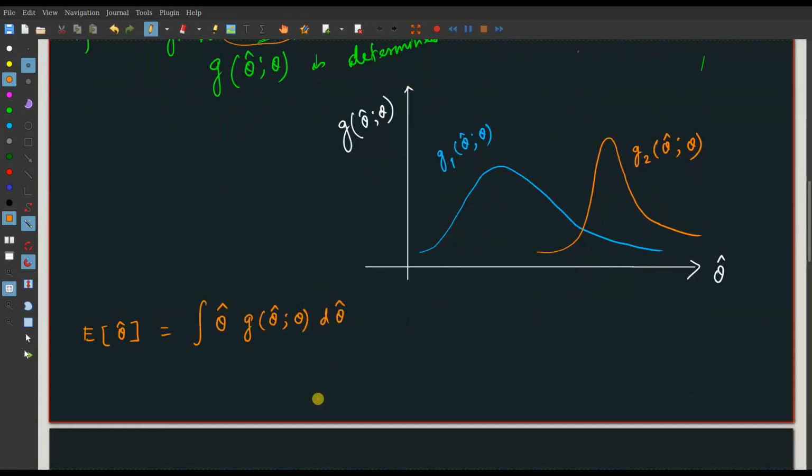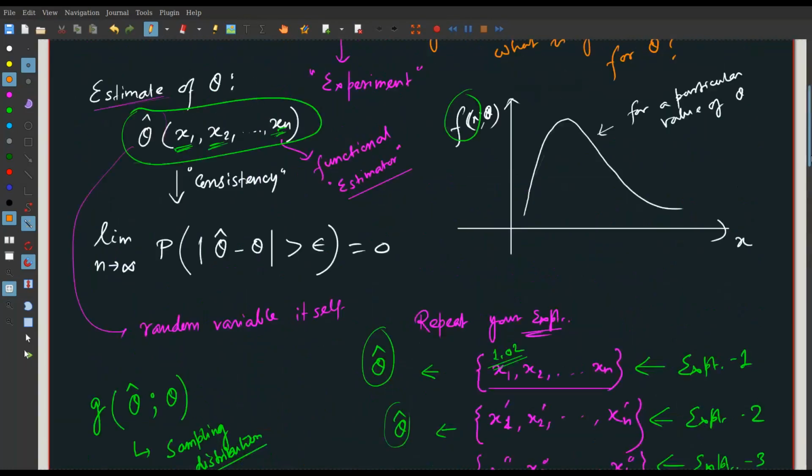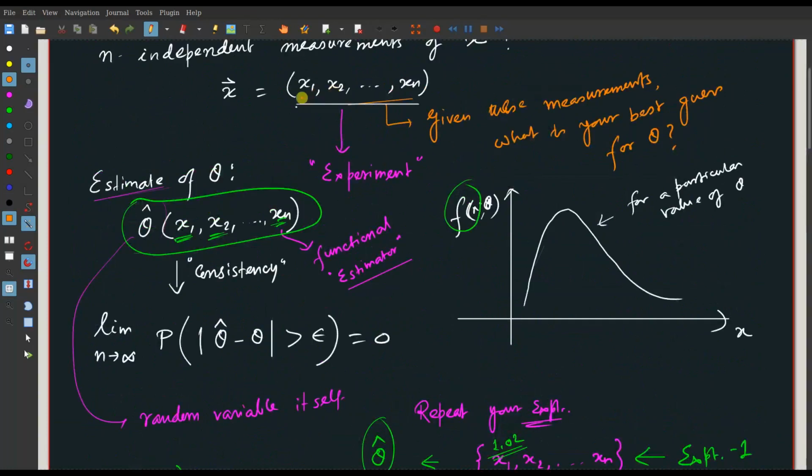Now this is the same if I use my old distribution. Remember I am observing x1, x2, up to xn, and I am measuring these things independently. So if I measure these things independently, then the combined probability distribution of this measurement, to observe x1 here and x2 in the next and so on, will be just the product of the individual PDFs.